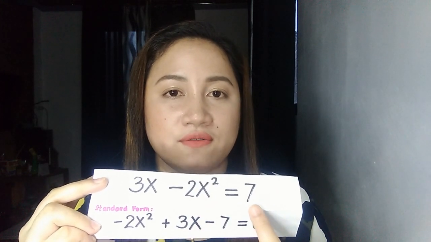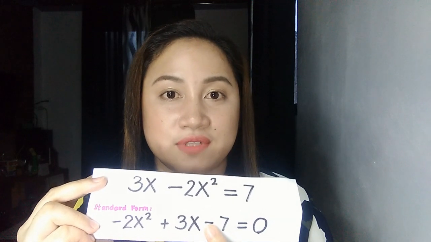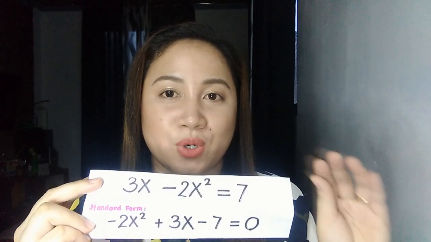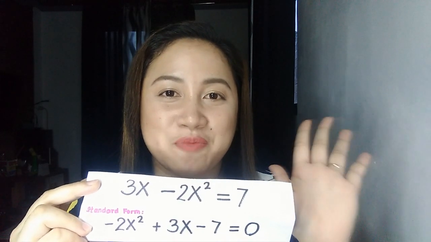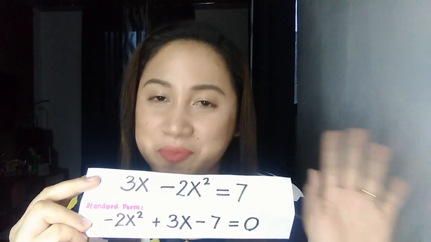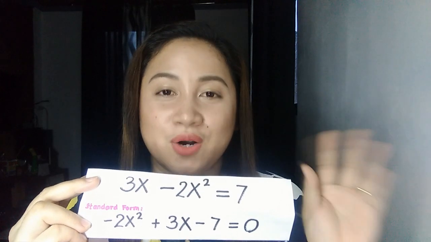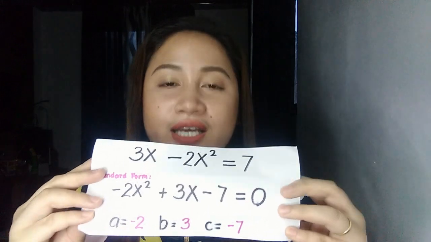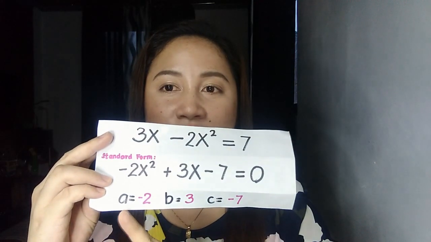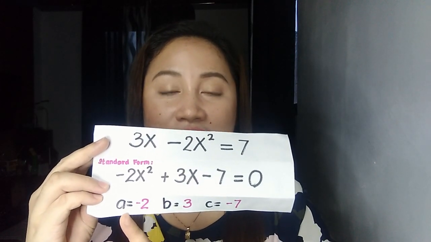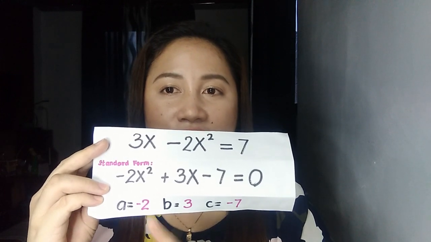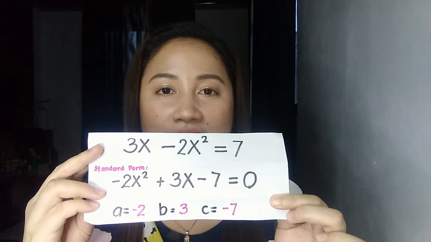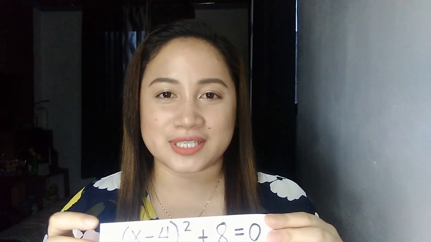So from positive, it becomes negative 7. And again, I just want to remind you, transposition is just the shortcut for addition property of equality. Wala pong transposition na rule or na property sa algebra. Okay? And then, so these are the coefficients. So based on the standard form, A is negative 2, B is equal to positive 3, and C is equal to negative 7.